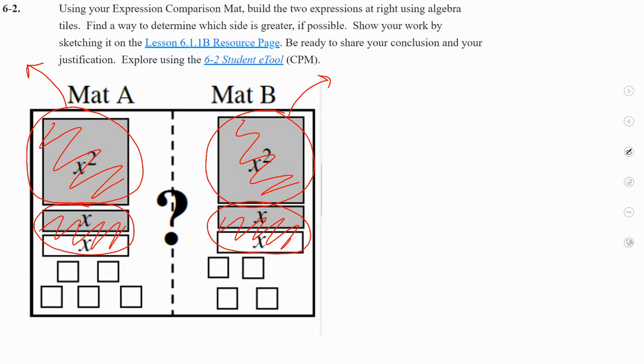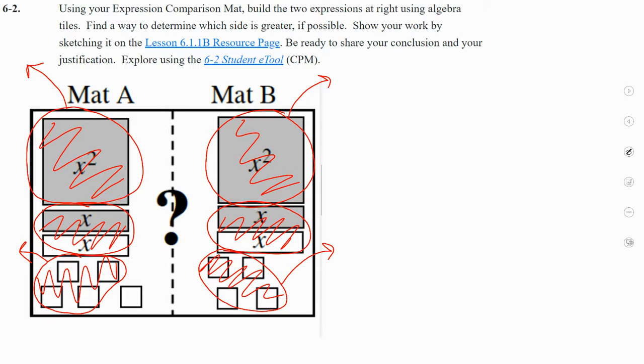So on our right side here, we have 4 -1 tiles. And on our left side, we have 5, so we can take 4 of them, like I circled, and those can get removed from ours because they are balancing each other out. If we remove the equal amount, then they will work out. So those are eliminated on the mat A, those are eliminated on mat B.